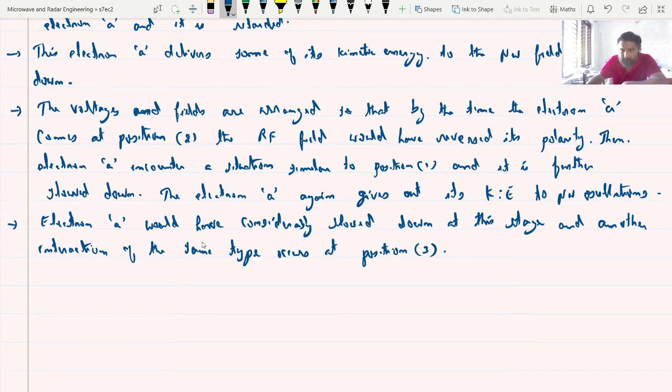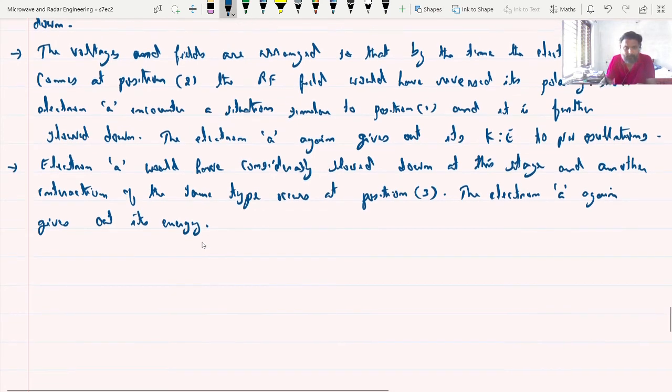At the same time, electron A again gives out its energy.